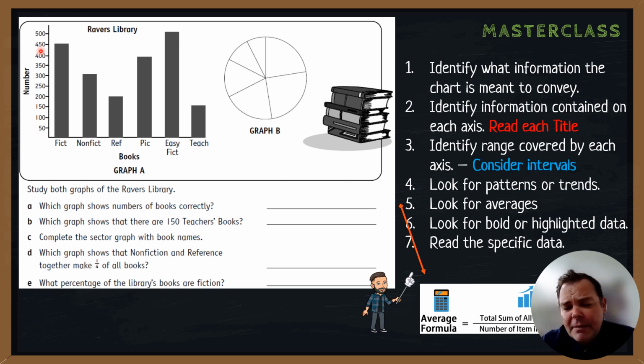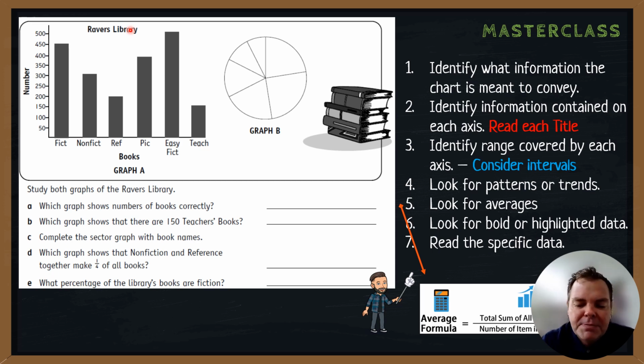Now, I can make an assumption here and say that these are the amount of books that they've got in their library, or the amount of loans that they have out at the moment. So it might tell you which is the most popular. The person who owns the library might say, well, I need to make sure that I'm buying more fiction and easy fiction because that's what the borrowers want. They want more of those books. So it's understanding the information that the graph is trying to convey.